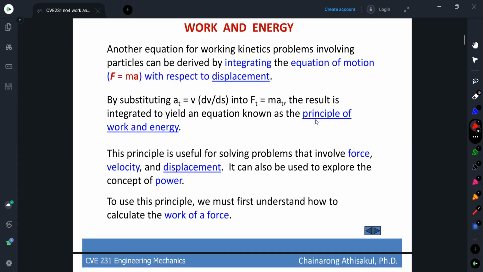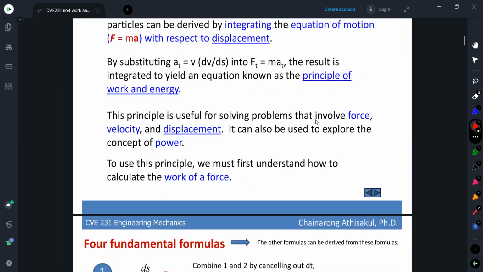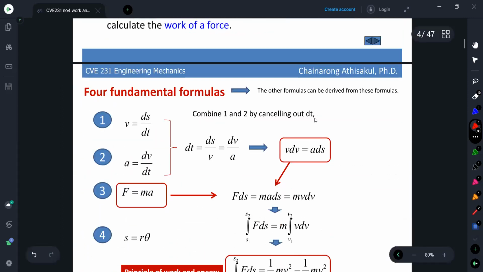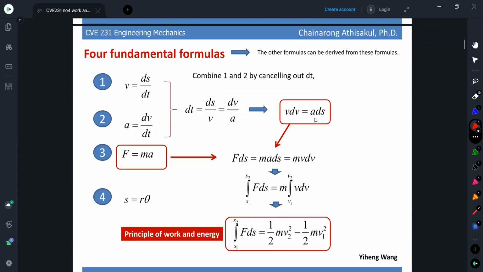To use this principle, we should understand how to calculate the work of a force. According to the previous slide, we found that the work and energy principle comes from Newton's second law. We integrate this equation in combination with the kinematics equation, changing the term a ds to be v dv.